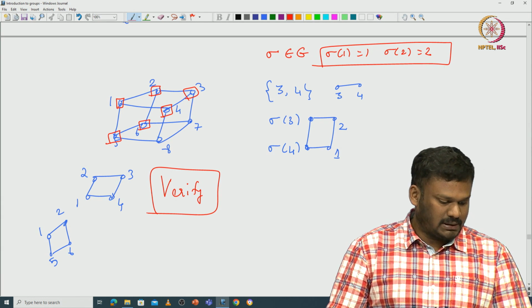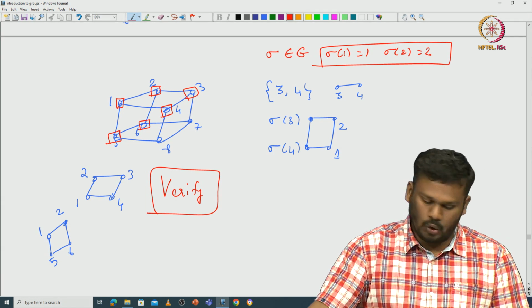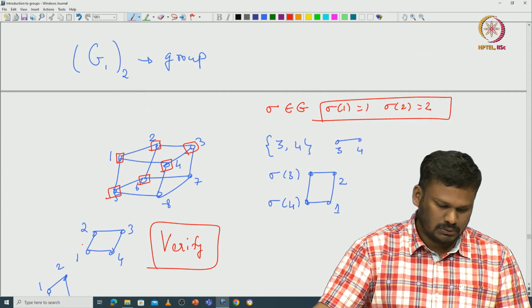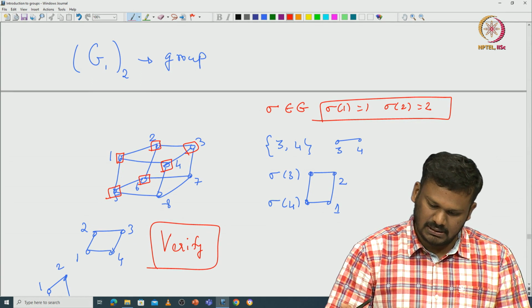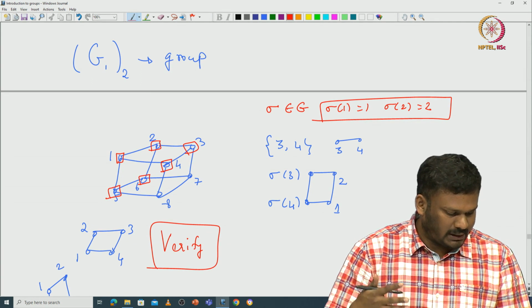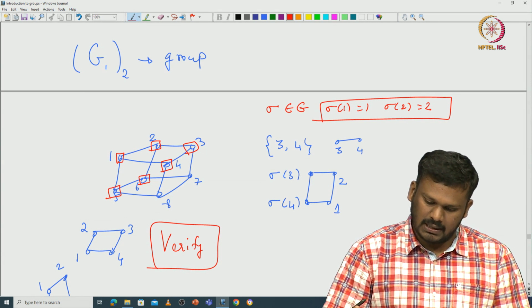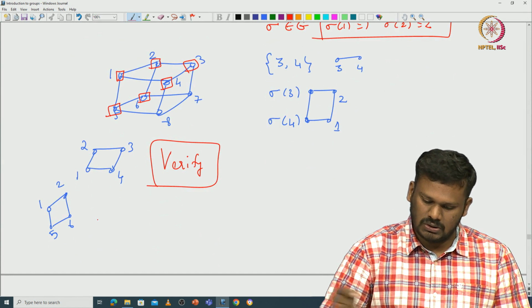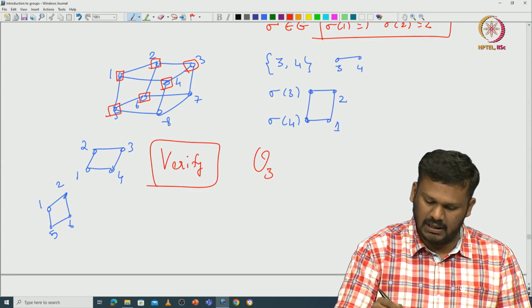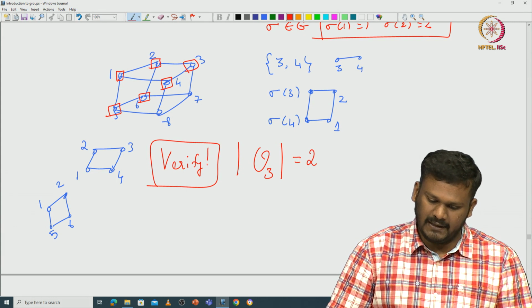If you look at the group G12 acting on the set of all vertices, then if you look at the orbit of this 3, it will have only two choices. So the orbit of 3 will have exactly two choices. This is something I will leave to you to verify.